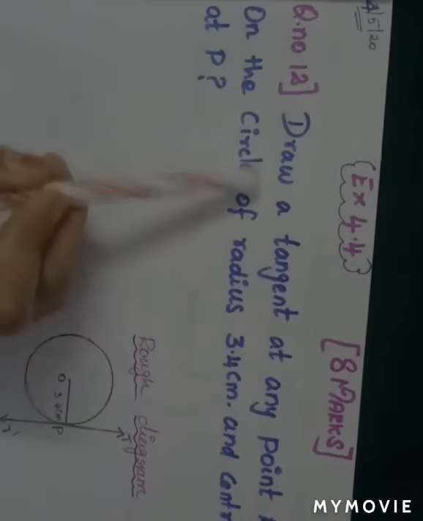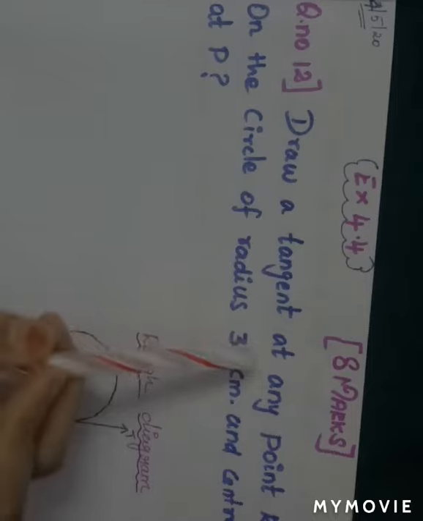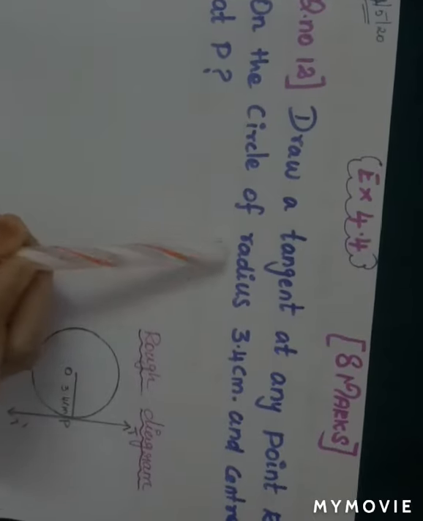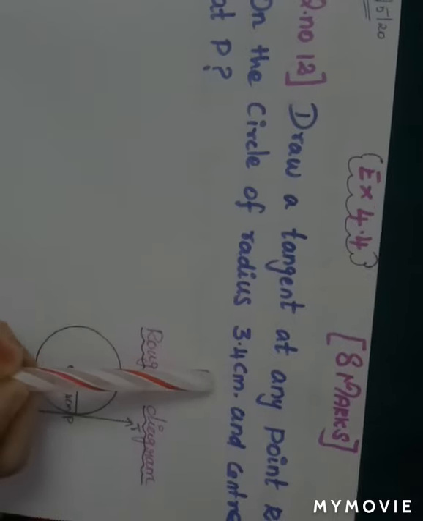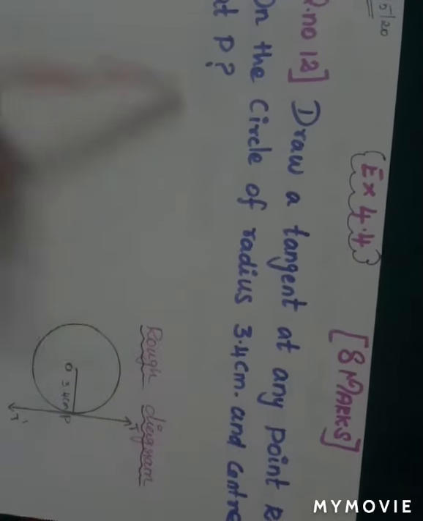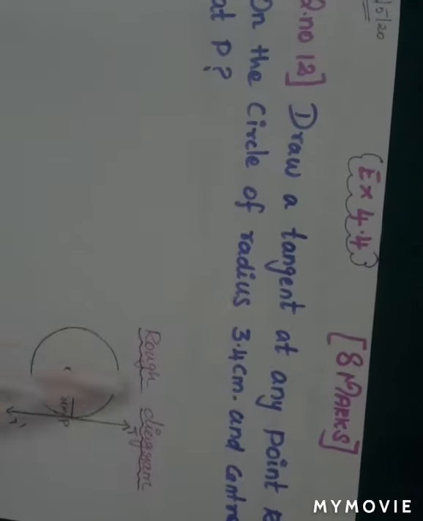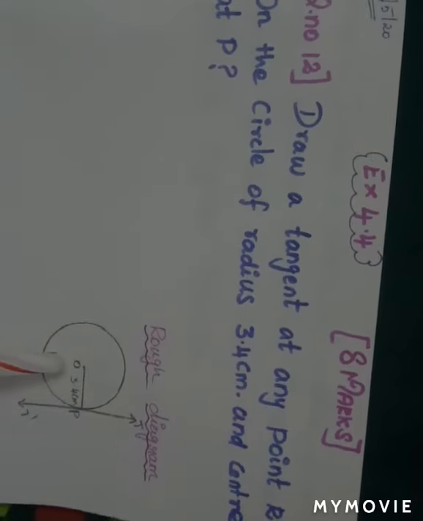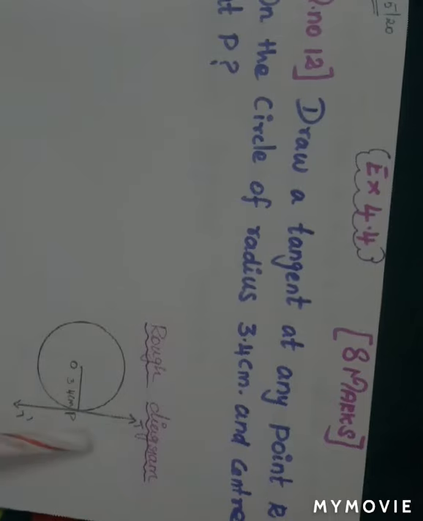Question number 12: draw a tangent at any point P on the circle of radius 3.4 cm and center O. First draw your rough diagram: circle, center O and one tangent line T dash.